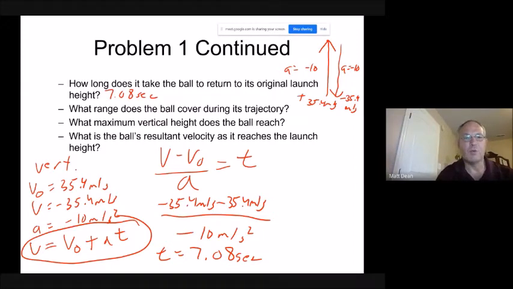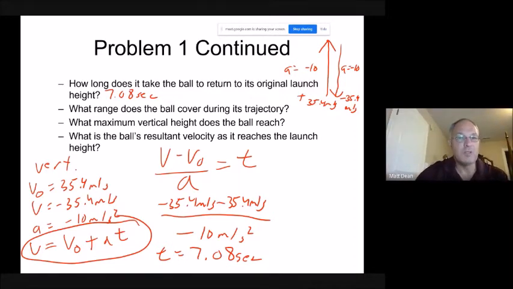Next thing I'm asked is what range does the ball cover? The range is the horizontal displacement. And remember that during a projectile problem like this, if you ignore drag, the horizontal speed is constant. So when you have a constant velocity problem and you're looking for a displacement, this is the equation you typically want to use: delta x equals v t.